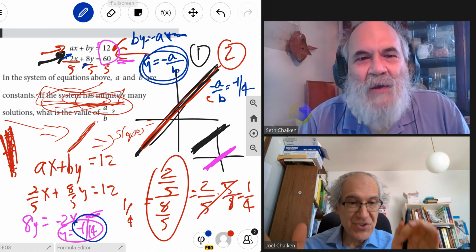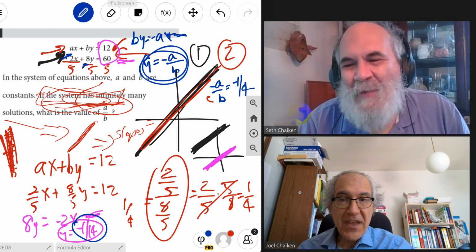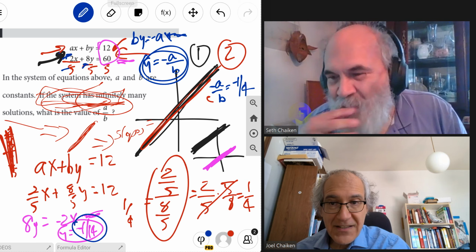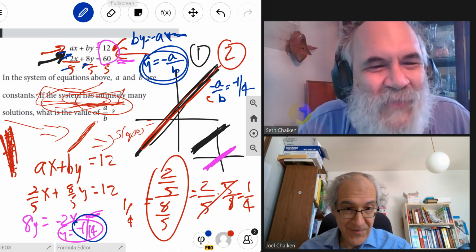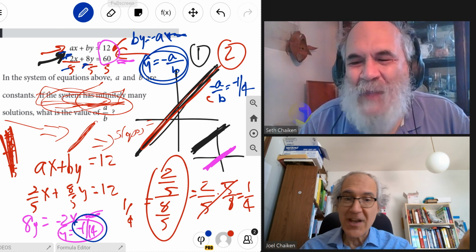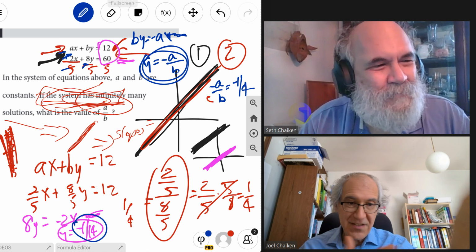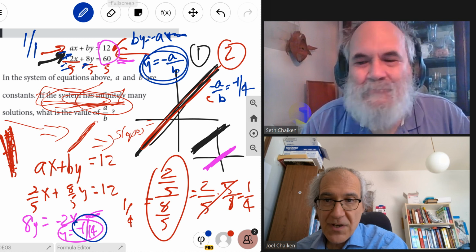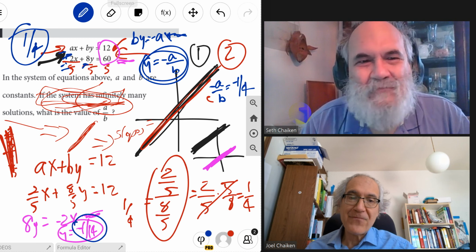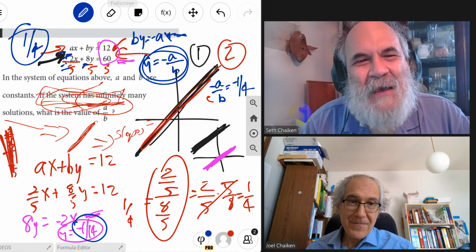So then you know that these are constants. If you want to have the same slope, because you were told they have infinite solutions, you don't have to waste the time I wasted on deciding the same line. You simply look at the ratio of 2 to 8, which is 1 to 4, and you do the problem in about 4 or 5 seconds.